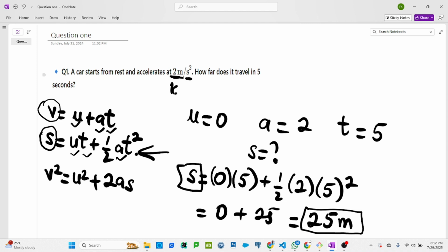If this one was kilometers per hour and this one was 5 hours, our final distance should have been kilometers. So that's how to select the unit for it. We have a video on our channel already that covers how to get the equation. Is someone having any question?